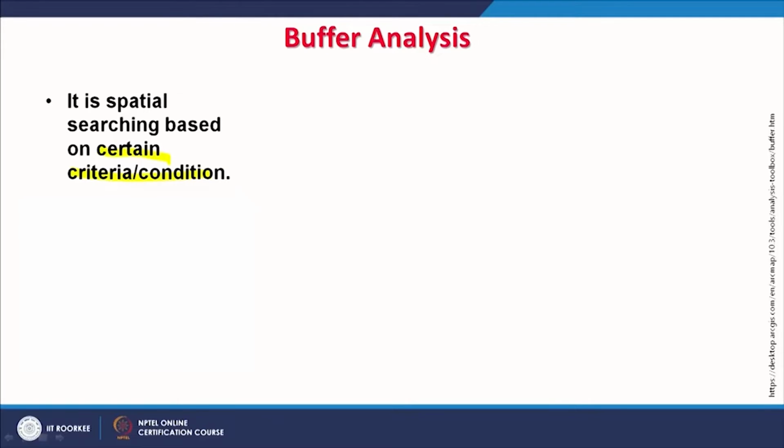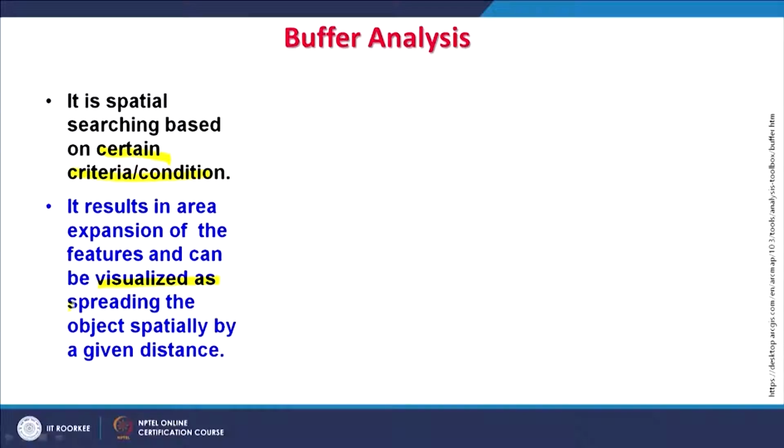So, basically it is a combined function which is a search function in the neighborhood, and again based on certain criteria or conditions we will put while creating a buffer.